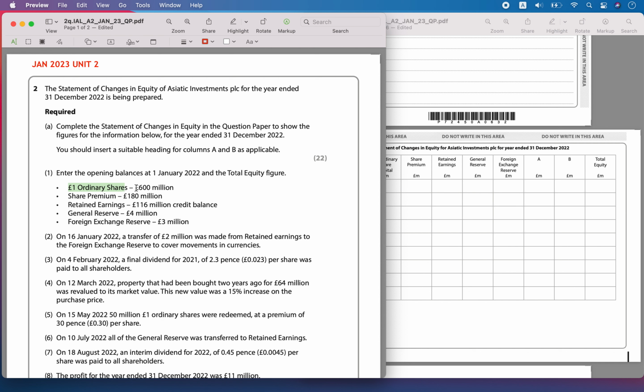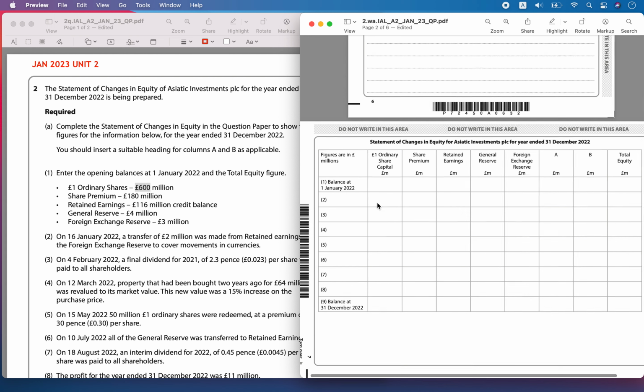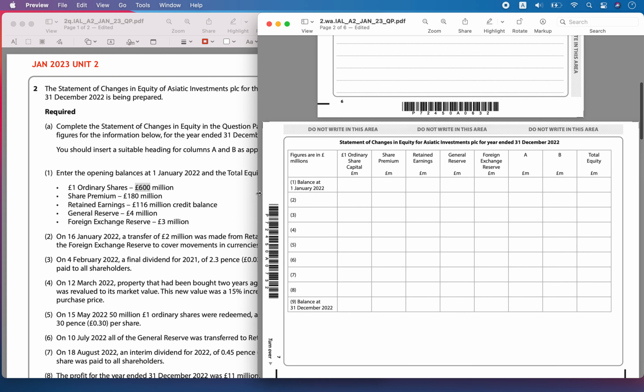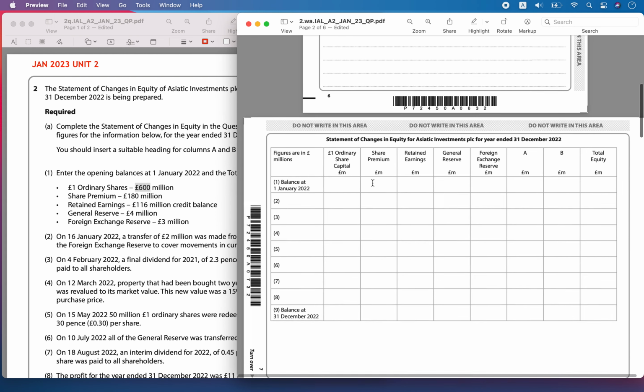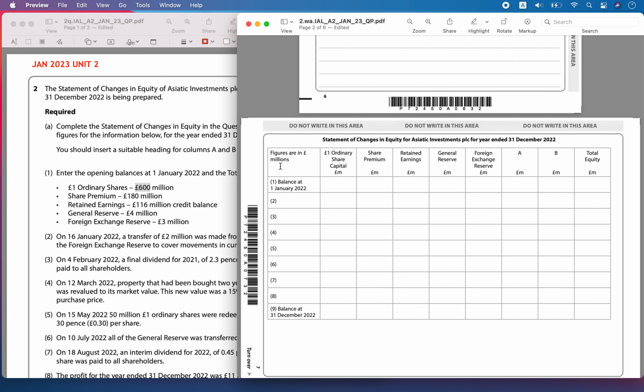So we can see that the £1 ordinary shares worth 600 million is written here. So let's write 600. For the statement of changes in equity, we need to enter the figures in millions, so you will just enter 600 here.